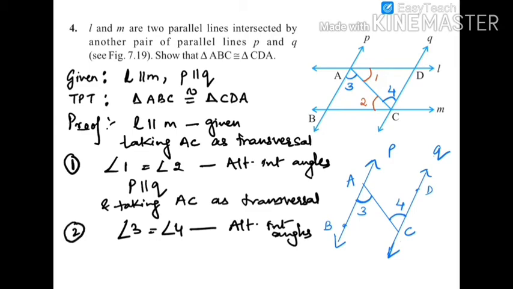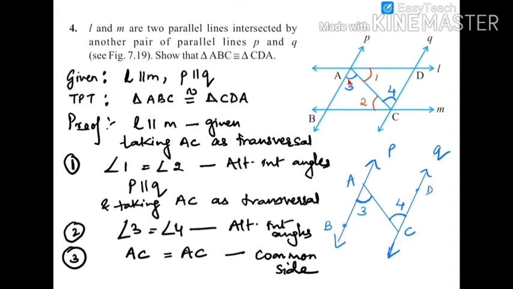Now going back to the figure, triangle ABC and triangle ADC, they have a common shared side, that is AC. So in these two triangles, this side is going to be equal. So AC is common side. Mark this as 3.